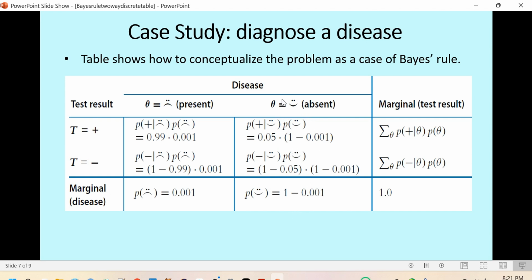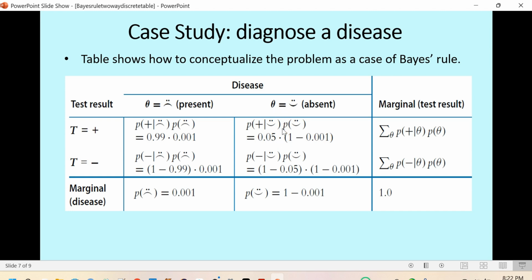And similarly, we can calculate the field for the person has no disease. Generally, the probability that the person has no disease is 1 minus 0.001. And if the person has no disease but the test result is positive, what's the probability of both cases occurring?